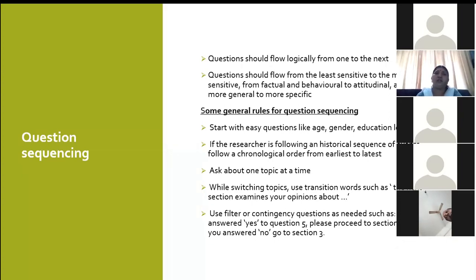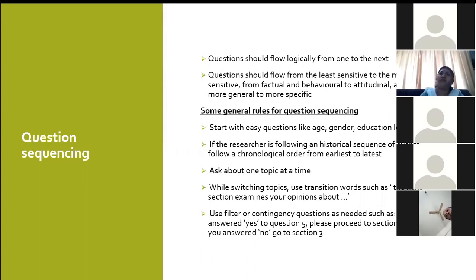There are some general rules for question sequencing also. Start with easy questions like age, gender, or education level. Easy questions like, what is your age, then what is your level of education. All these questions can be asked initially.